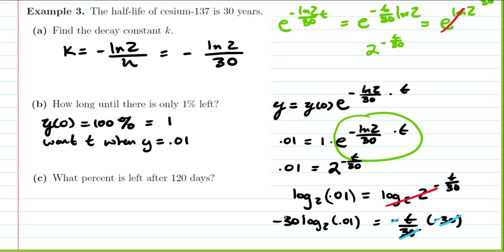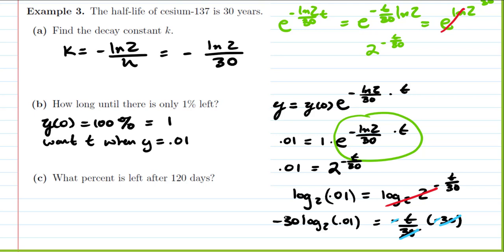So the last one is, what percent is left after 120 days? Okay, we have to be careful here, because in the original problem and in math classes, we play loose and easy with our units all the time. What are our units of K?